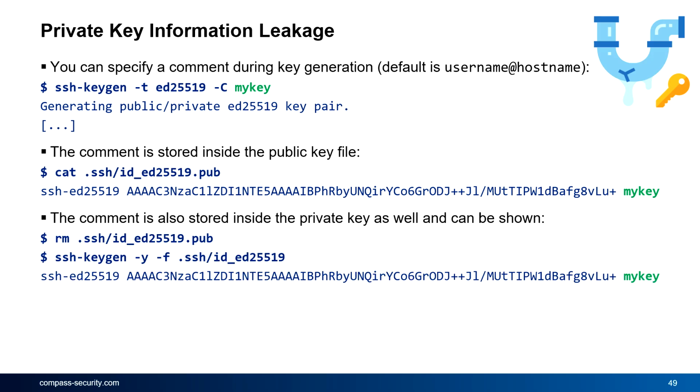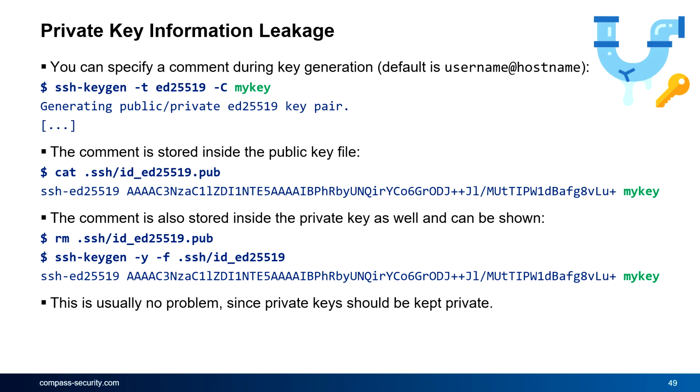What's interesting is that this comment is also stored inside the private key. So if I remove the public key, you can derive the public key again from the private key, and you see that the comment will appear again in the public key. So this means the comment is also part of the private key.